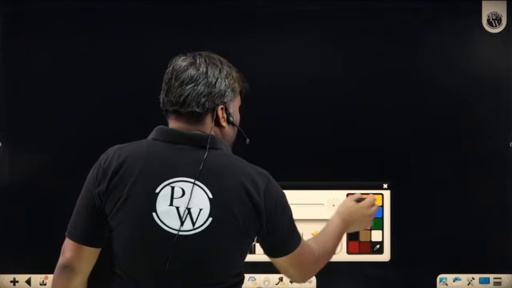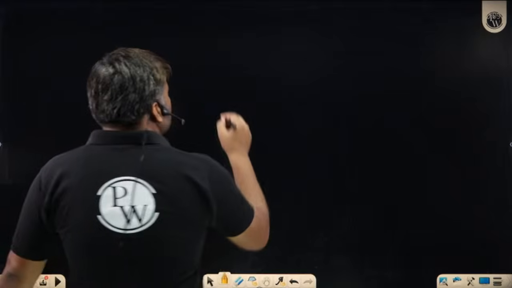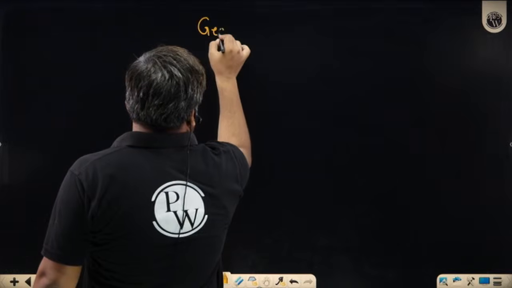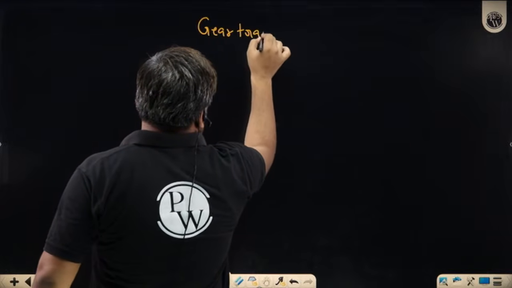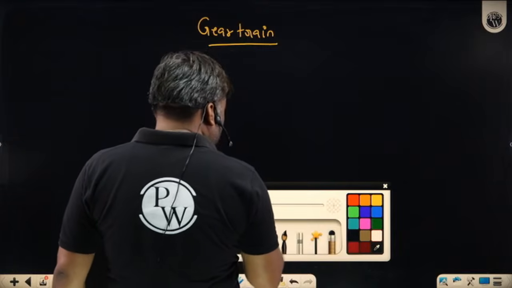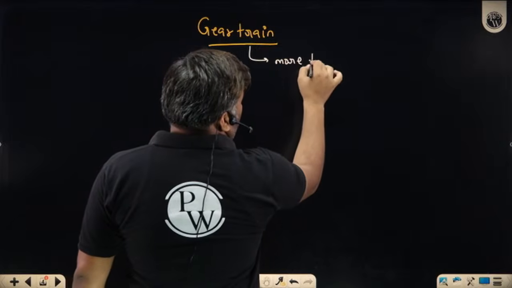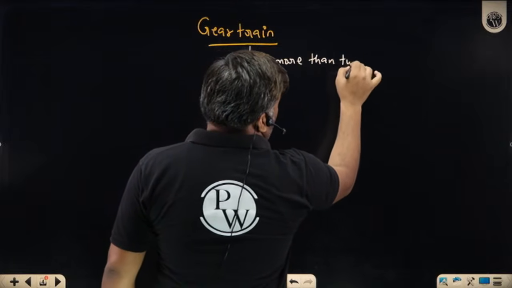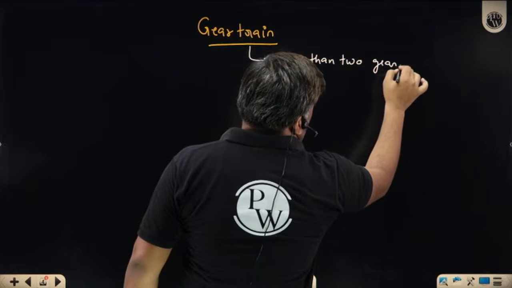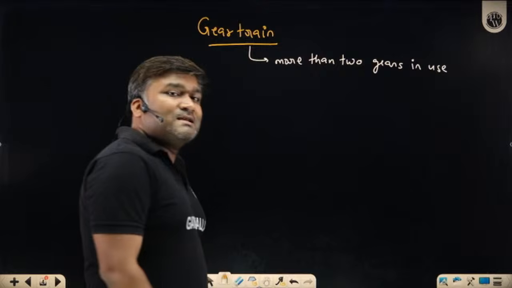Now, first of all, let us try to understand why we even need more than two gears. What is the gear train? Listen carefully. If we are having more than two gears in use, that is called gear train.